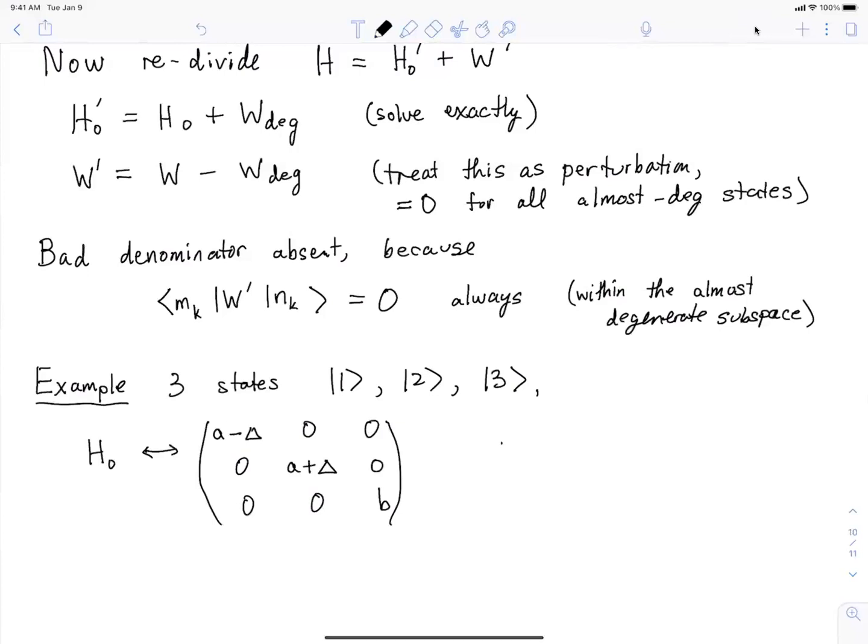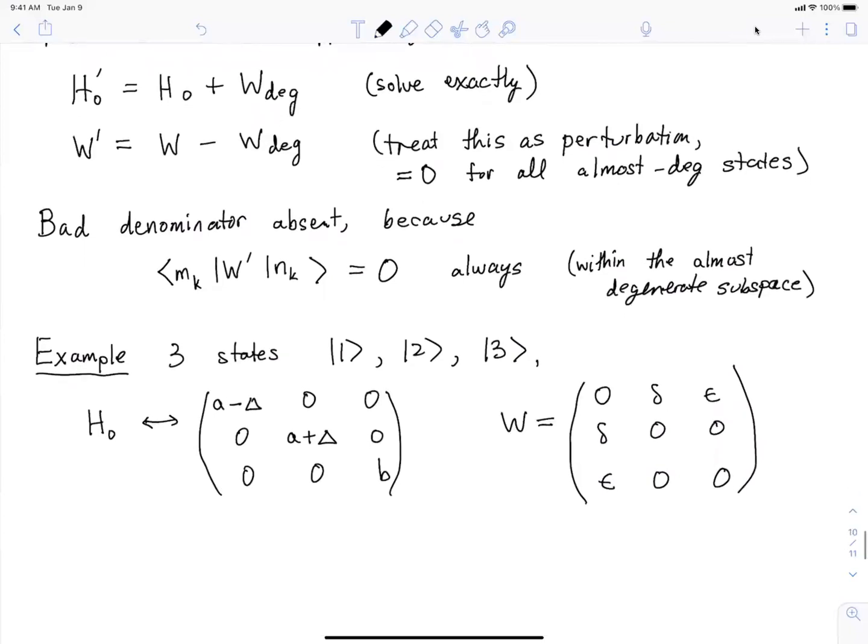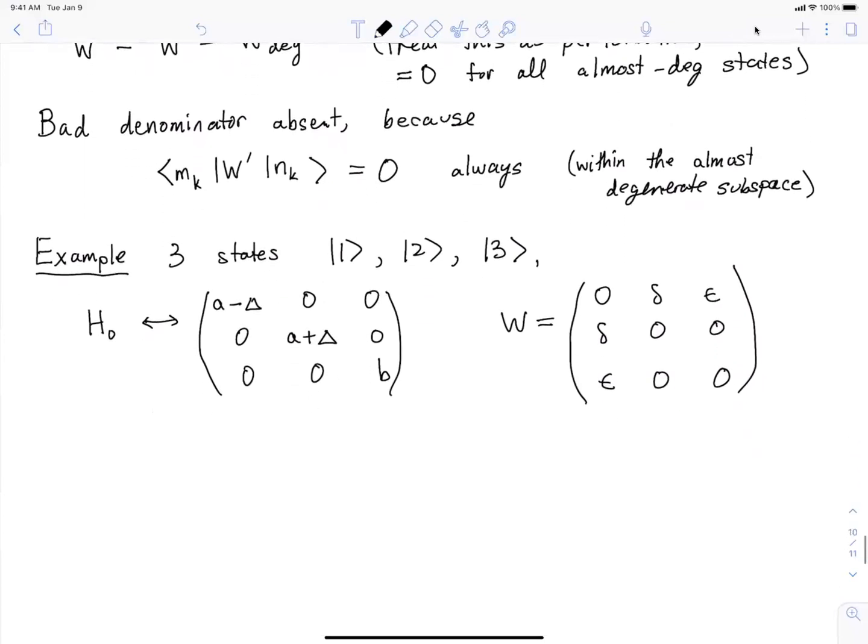Okay, and then our perturbation is going to be off diagonal. The perturbation doesn't have to be off diagonal. I'm just choosing it to be off diagonal for this example. It's also going to contain some small numbers, which I'm going to call delta and epsilon. And I'm just going to put them where I've shown them there, with zeros in the bottom right 2x2 submatrix.